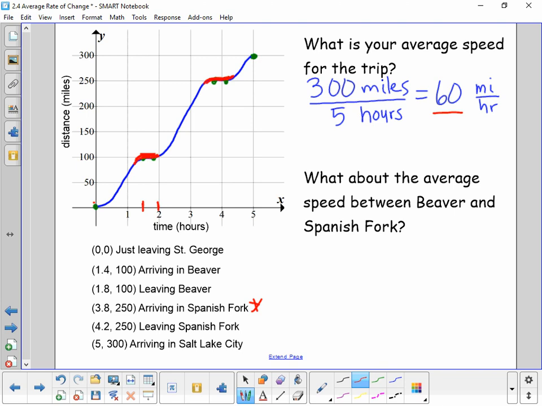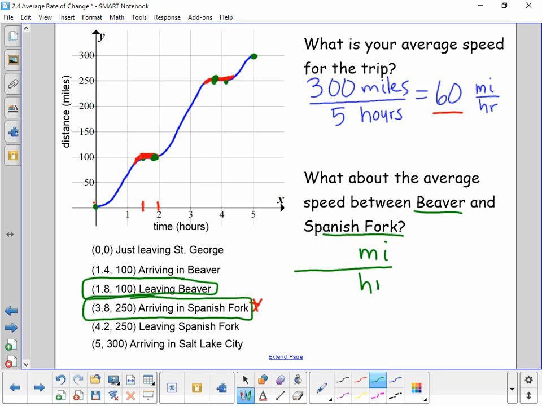So let's look at the average speed between Beaver and Spanish Fork. Well, right here represents when we leave Beaver, and here represents when we arrive in Spanish Fork. I have these 2 points listed down here. You can use the points to help you if you want. We're thinking about speed, so I want to know how many miles over how many hours.